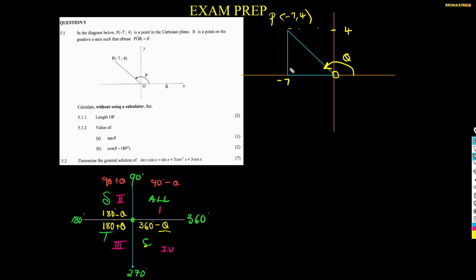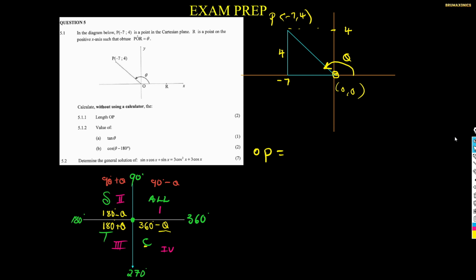So we already have the 4 for the y-axis, which is good. And then they ask you to determine the length of OP. So you have to come here and say the length of OP is O to P, so we have 0, 0 as the center.